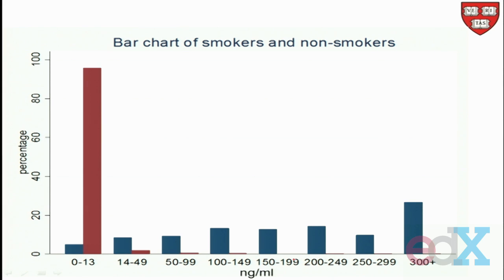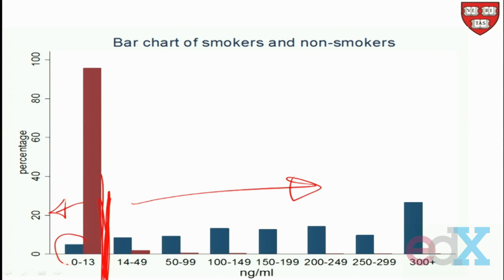So, for example, if we use this cutoff here and said anybody to the left is going to be called a non-smoker, anybody to the right is going to be called a smoker, then we see that these people here will be incorrectly classified and these people here will be incorrectly classified.